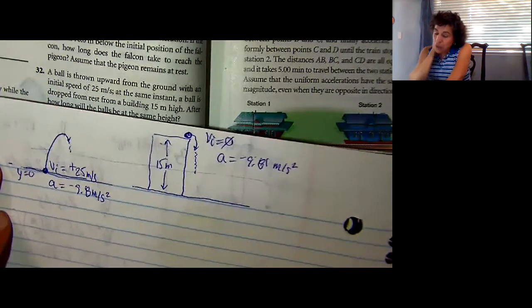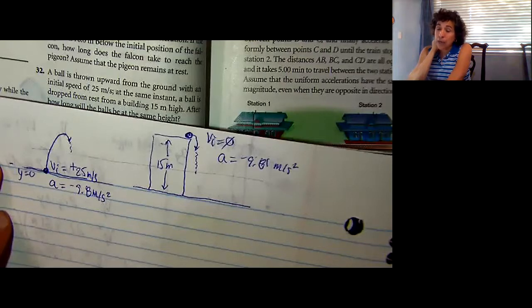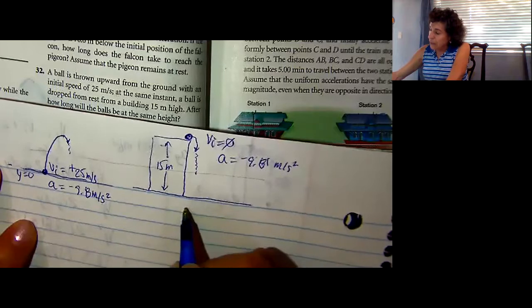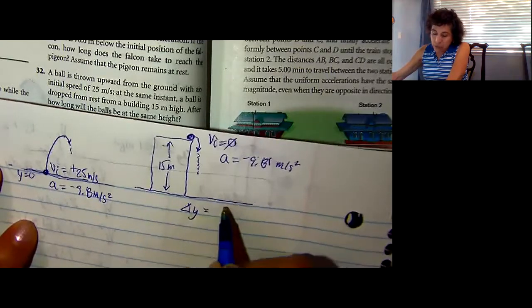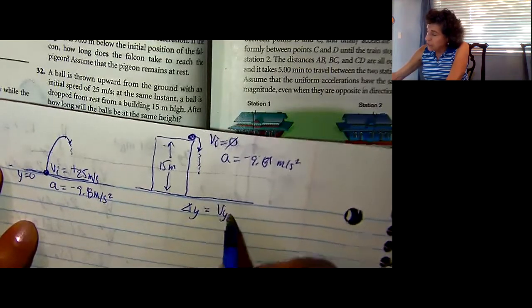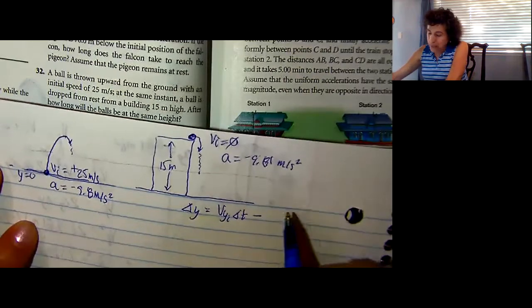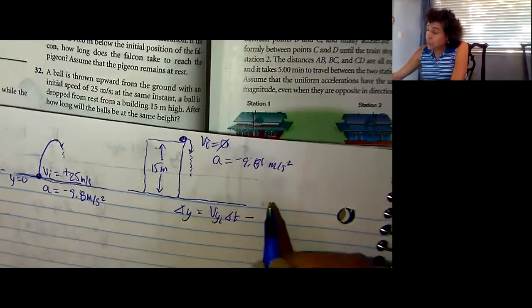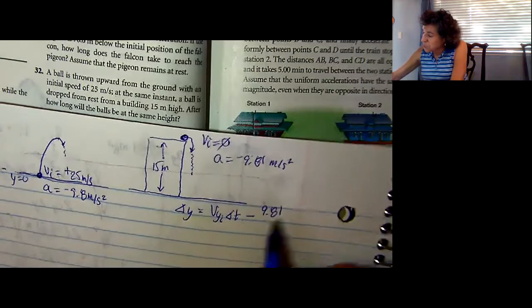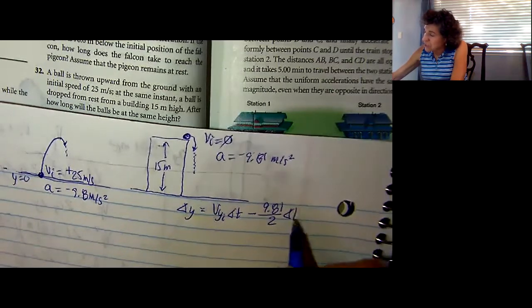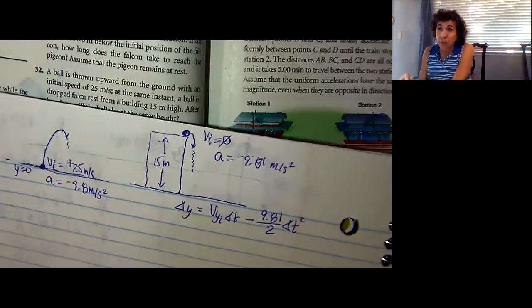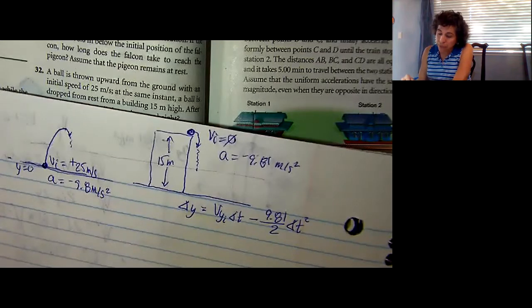After I write those two things, I always want to write the kinematic equation. So in this case, delta y is equal to Vy initial delta t minus 9.81 meters per second squared divided by 2 delta t squared. You don't have to plug it in, but I want to make sure you know really what's going on here.